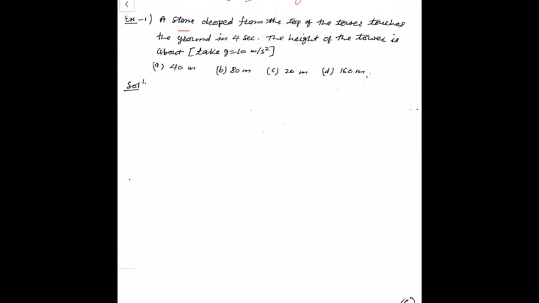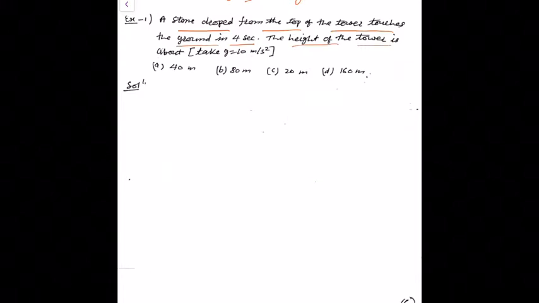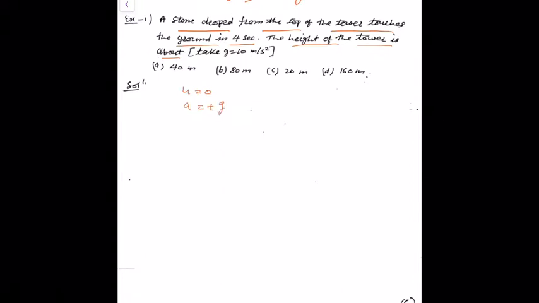Example first, a stone dropped from the top of the tower touches the ground in 4 seconds. The height of the tower is about: a, 40 meter; b, 80 meter; c, 20 meter; d, 160 meter. Solution: here u equal to 0 as the body starts from rest, and a equal to plus g as the acceleration is in the direction of motion.